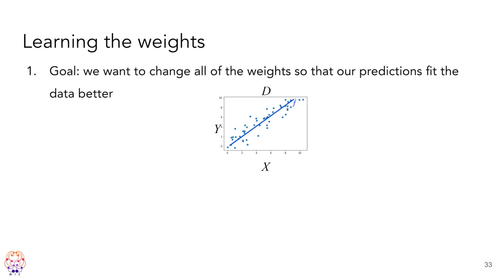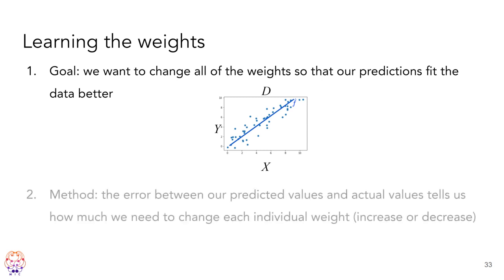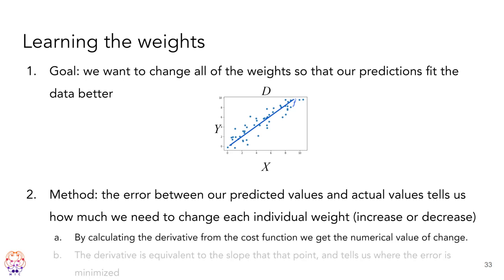So our goal is to learn the correct weights so that we can fit a line or a curve to our data. To do that, we measure the error and backpropagate that error through our network and change our weights in such a way that will reduce the error. So how do we actually do that?